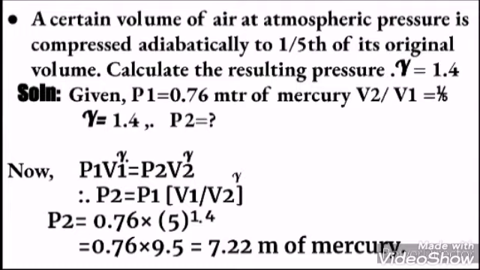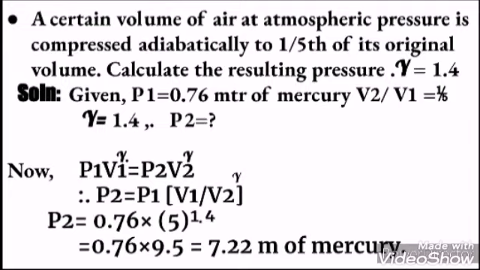Gamma is 1.4. We know the formula which relates pressure and volume is P1 V1 power gamma is equals to P2 V2 power gamma. So, by substituting the values of V1, V2, P1 and gamma, we get the value of resulting pressure.